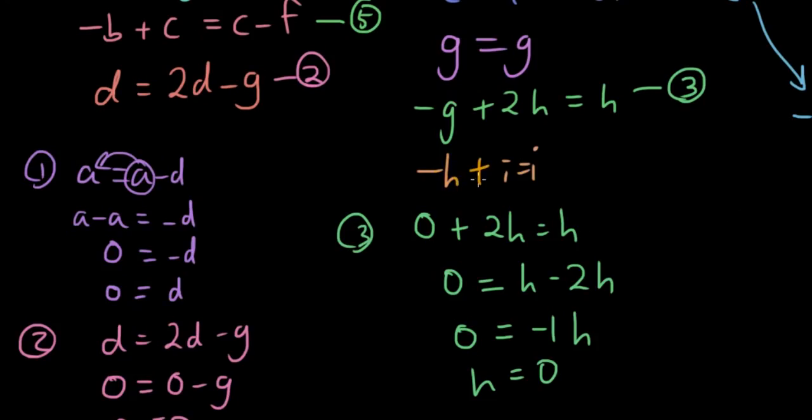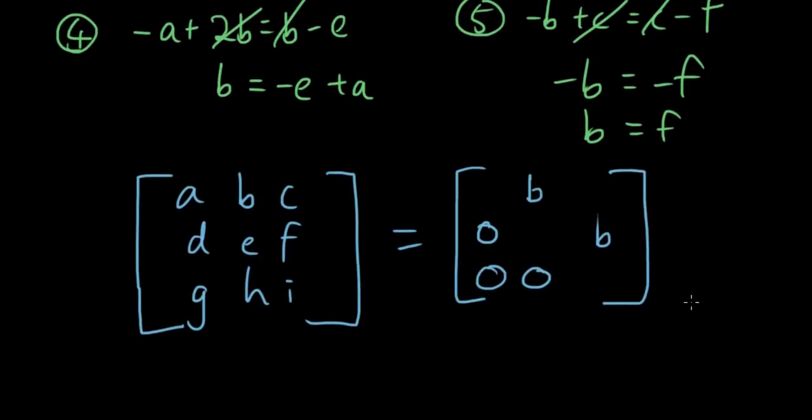So negative h plus I equals I. So since h is equal to 0, I is equal to I. And there's not much more we can do on that, so I'm just going to copy it down here.